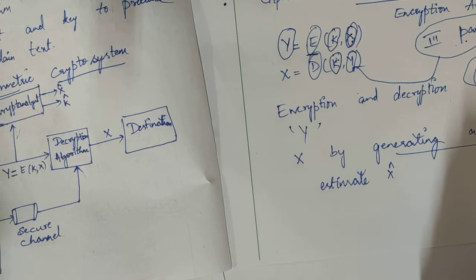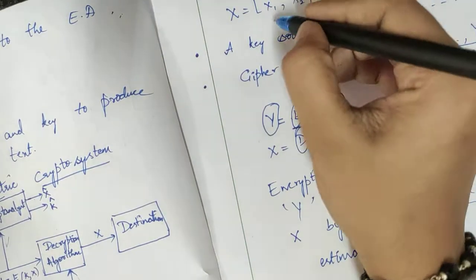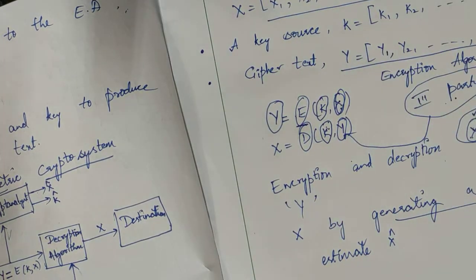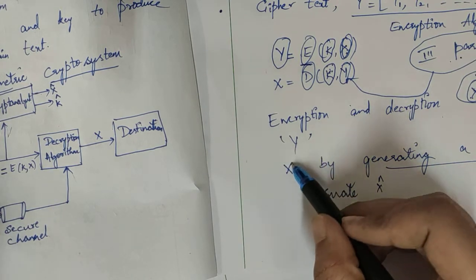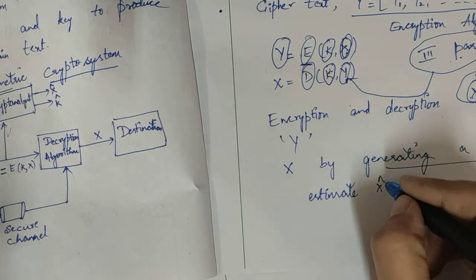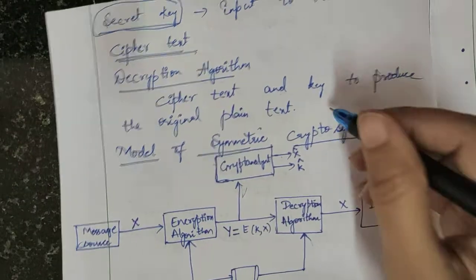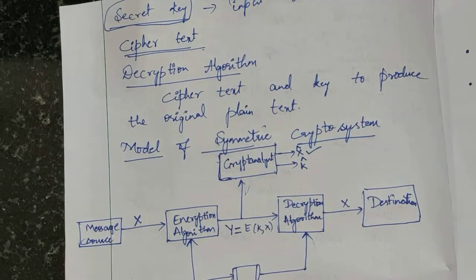If the opponent is interested in only this particular message, right? If he is only particular about the message, then he will recover X by generating a plain text, that is X cap. Here I have represented X cap, you can observe.